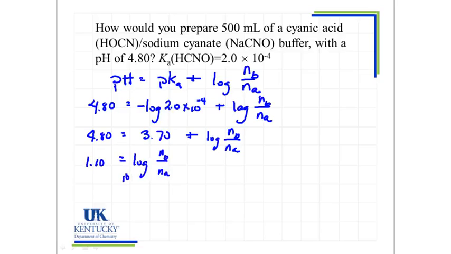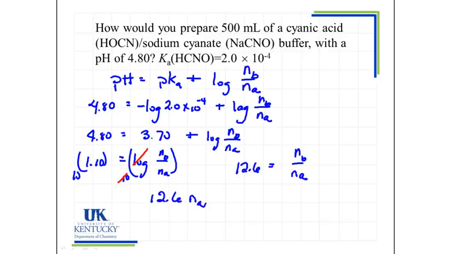The inverse of the log function is 10 to that value, so those will cancel, and we will be left with 12.6 equals the number of moles of base over the number of moles of acid. Another way to write that would be 12.6 times the number of moles of acid would give you the number of moles of base.